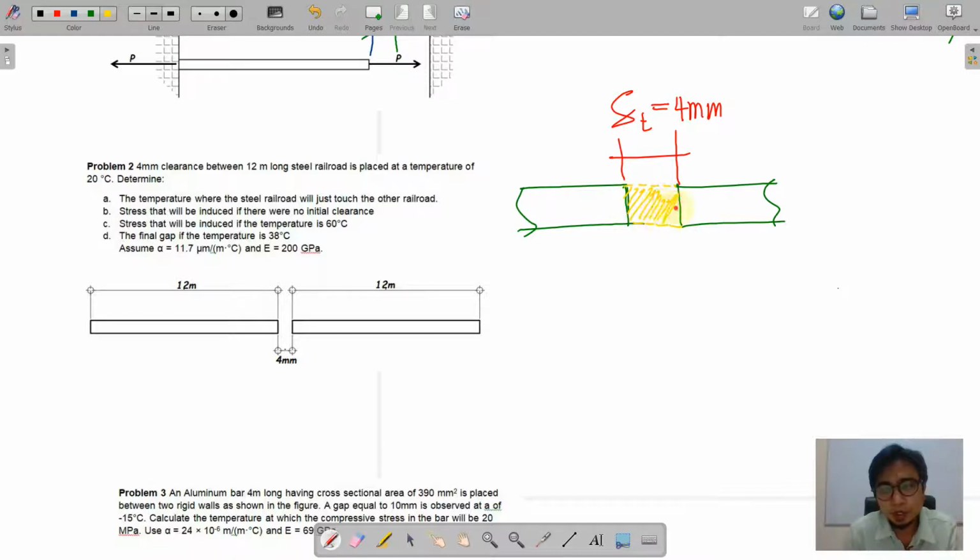Okay, and this fill in is caused by the temperature change. We're going to set a temperature wherein the delta for temperature would be exactly 4 millimeters.